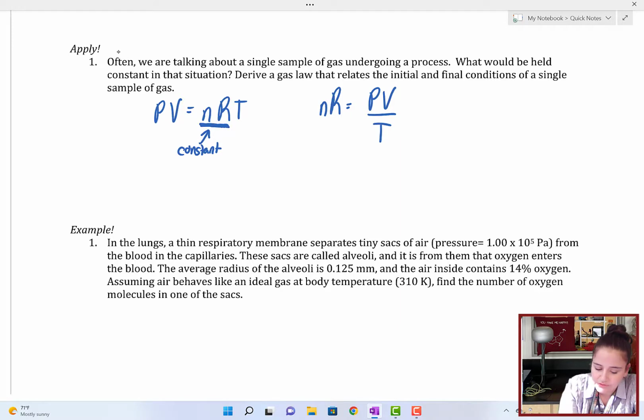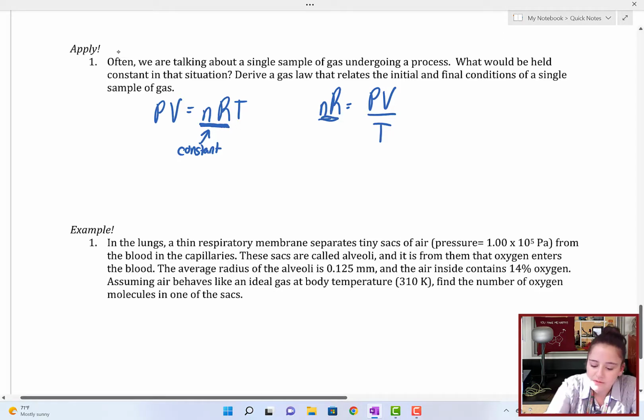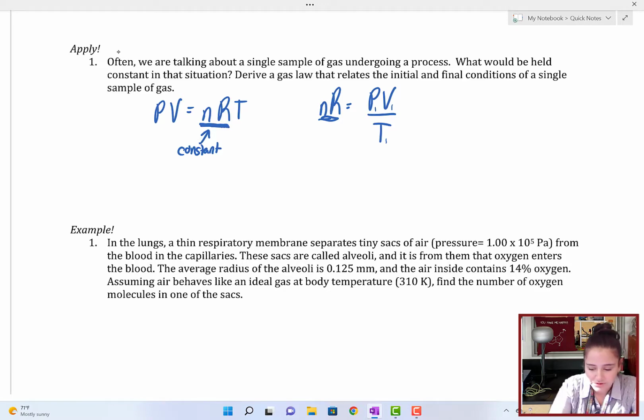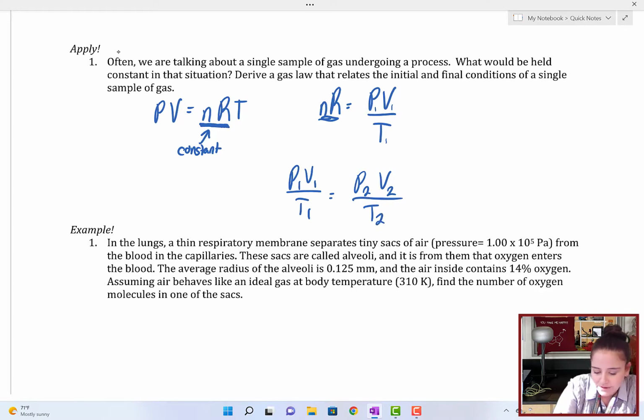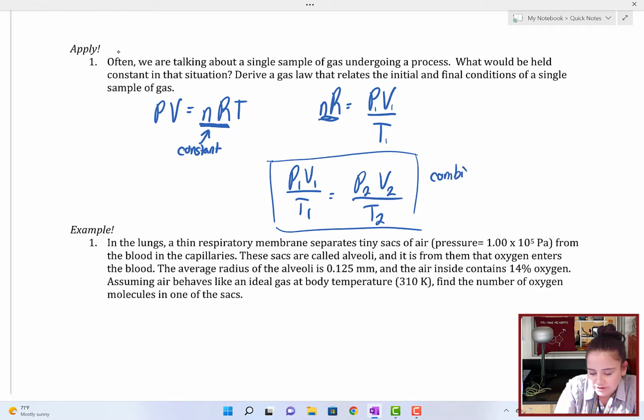And so if we rearrange that, we get nR equals PV over T. Now, this will always be true for that sample of gas, no matter where we're at with pressure, volume, and temperature. So sometimes you'll see this written as P1V1 over T1 equals P2V2 over T2. Now, this one is called the combined gas law.